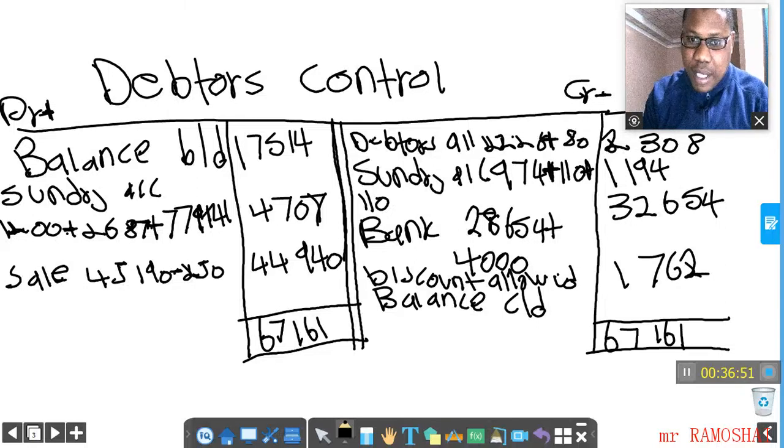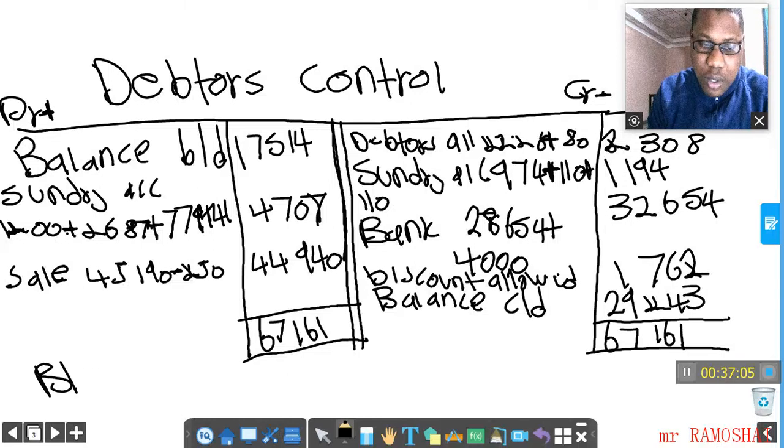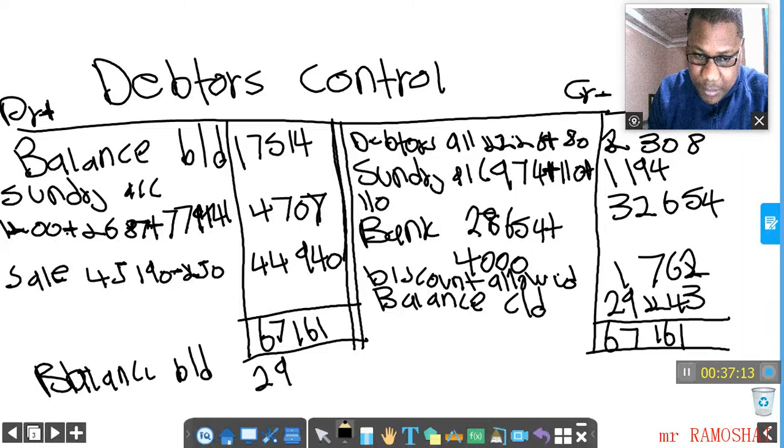So we get that our balance carried down is 29,243, right? So this is going to be our balance brought down next month. So next month when we do our books, it is going to be our opening balance.